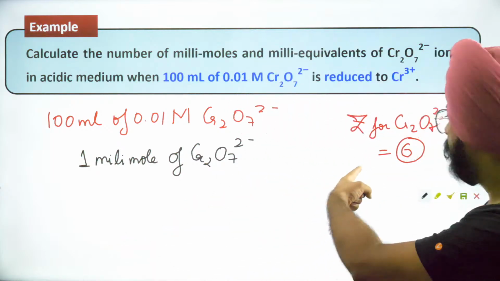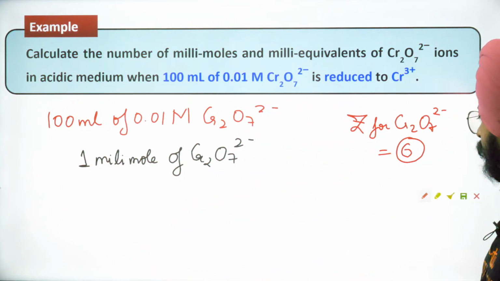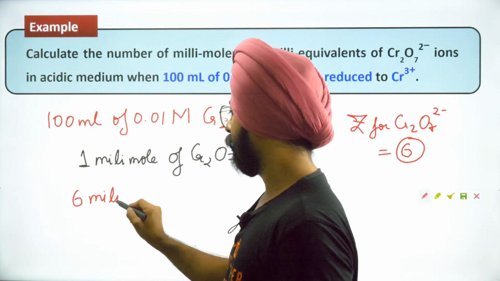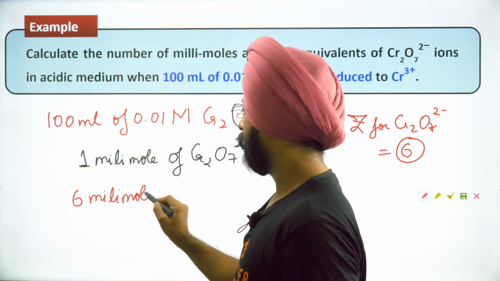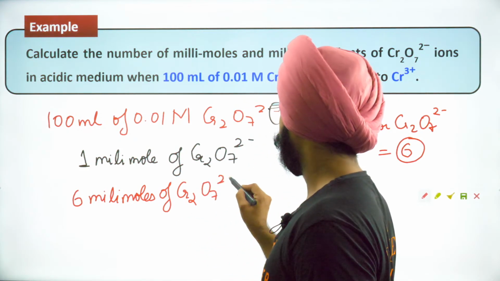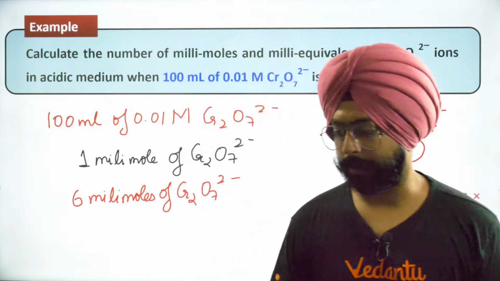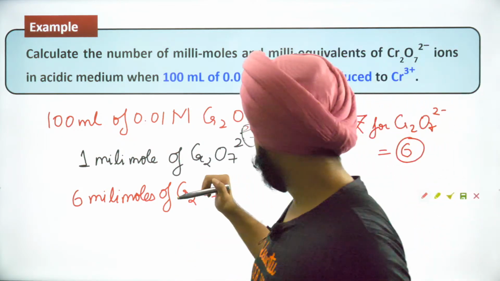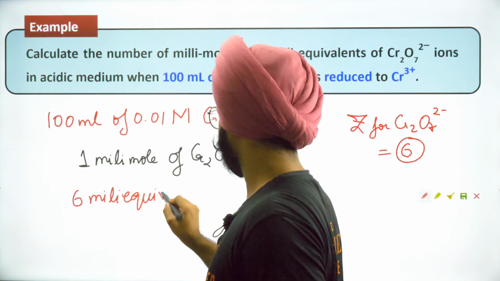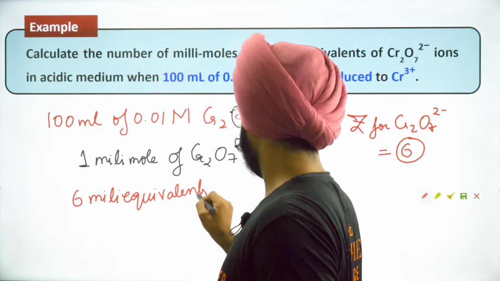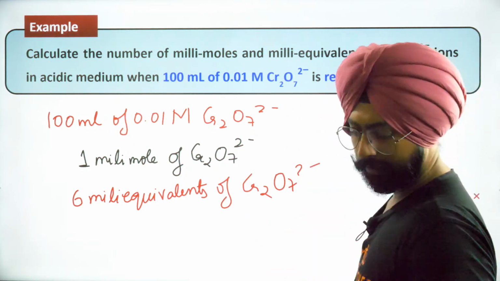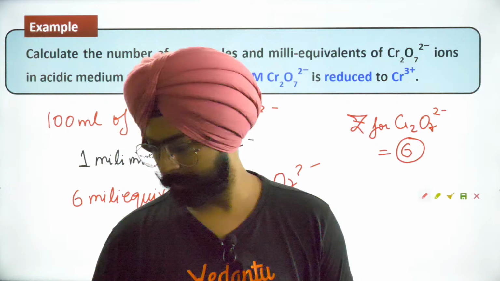And since the valency factor is equal to 6, I can write that this has 6 milliequivalents of Cr2O7 2 negative. Sorry, why did I write millimoles here? 6 milliequivalents of Cr2O7 2 negative. Got it?